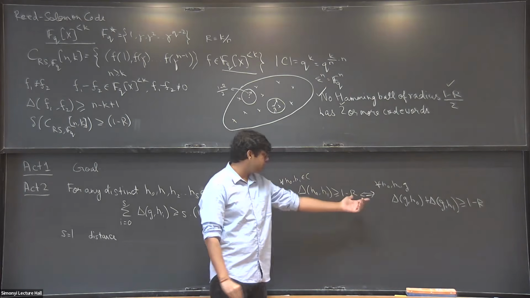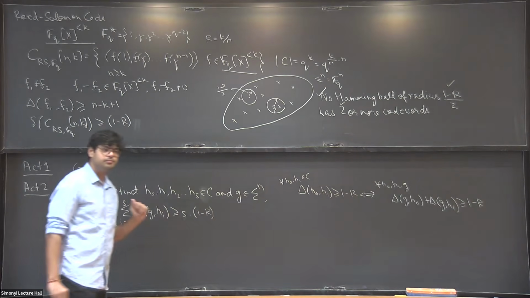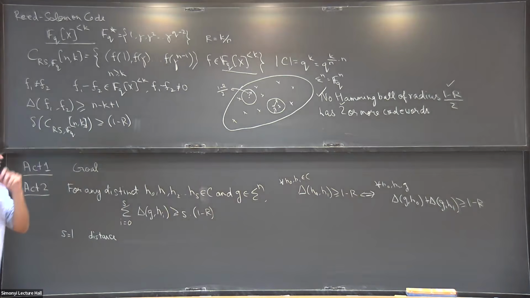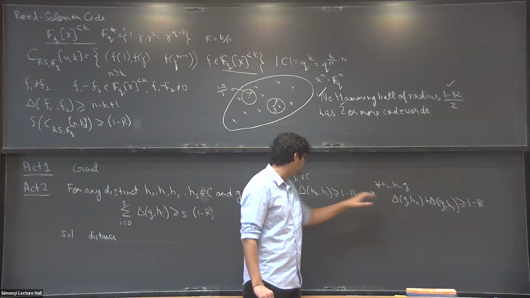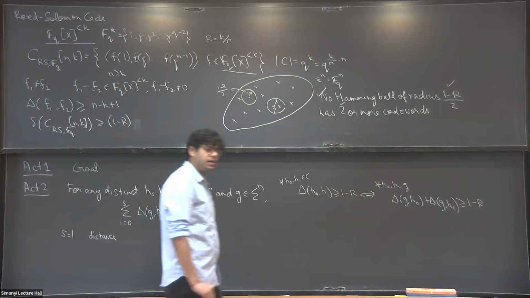These two statements are completely equivalent. The first is our usual definition of distance. The second is this ball version. This implies this by triangle inequality. From here to here, you just take G equals H0.